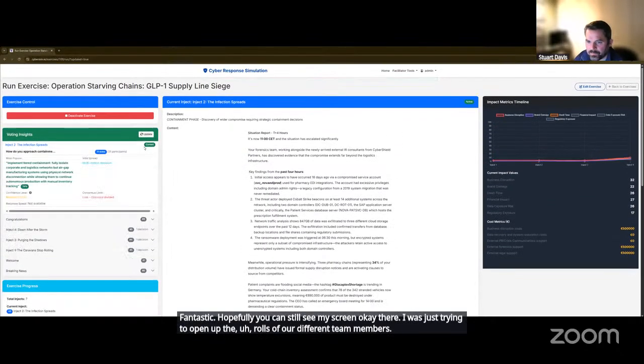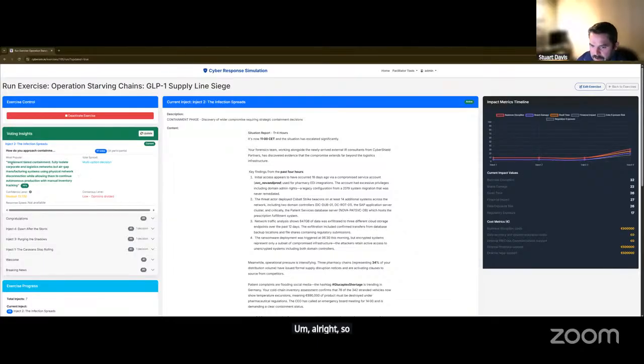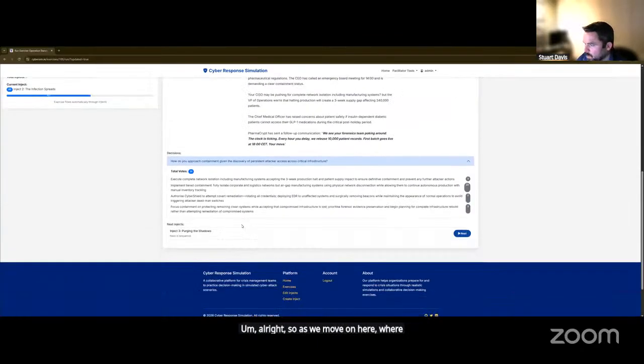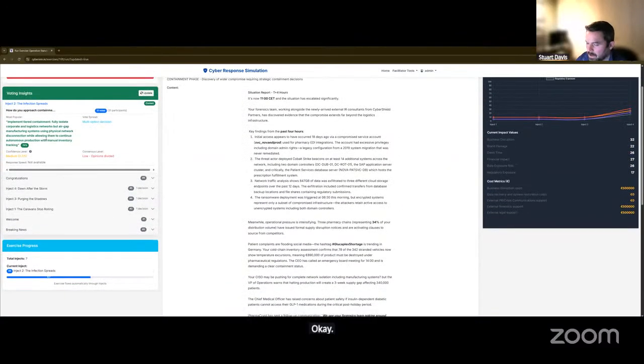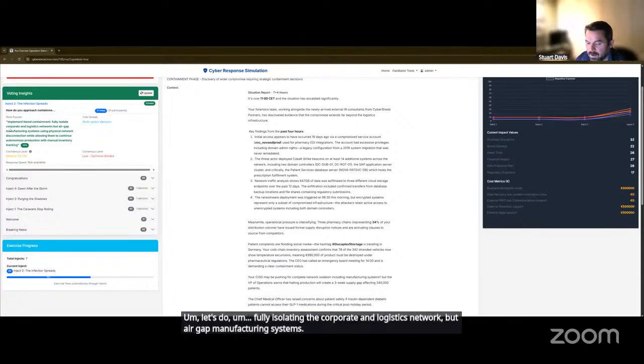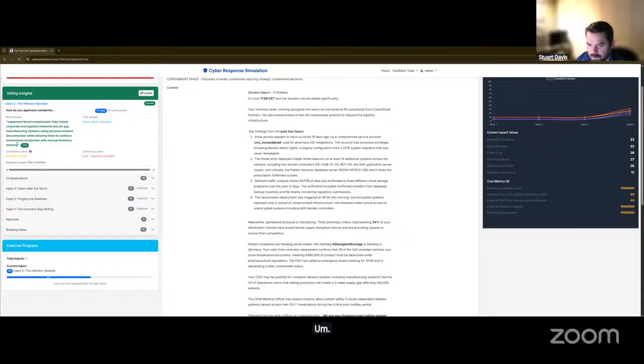All right, so as we move on here, where have we decided? We've gone very concretely with implementing a tiered containment. Folks are like, let's not pull the brakes straight away. Let's fully isolate the corporate and logistics network, but air gap manufacturing systems, while allowing autonomous production with manual inventory tracking.